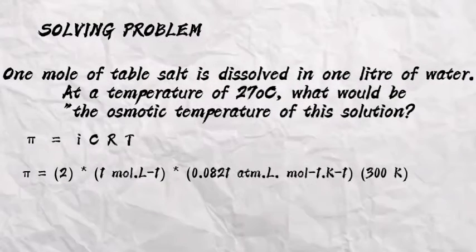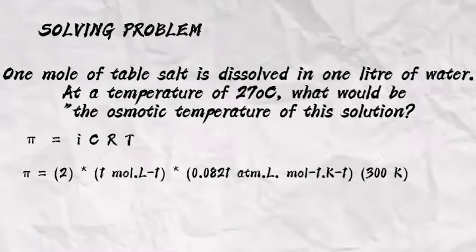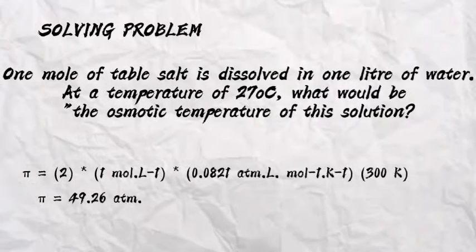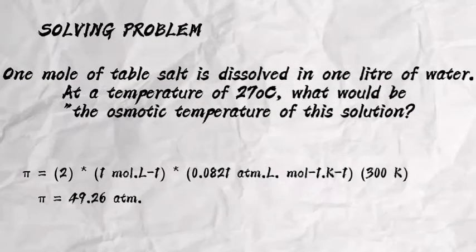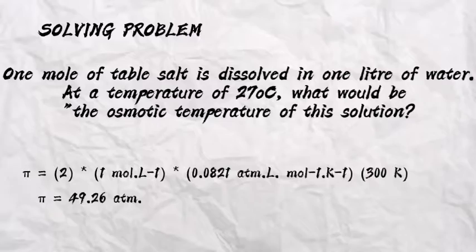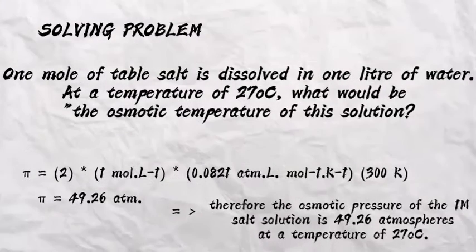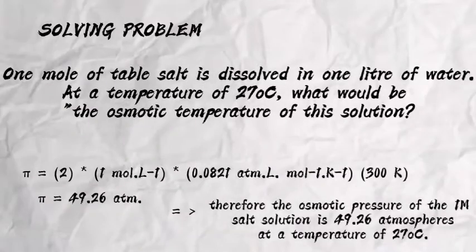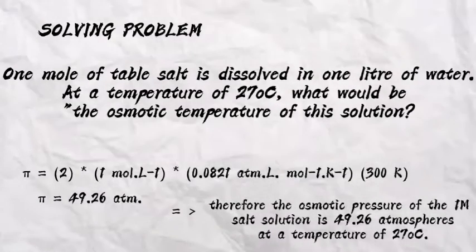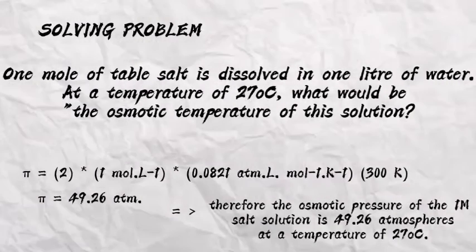When we calculate this, we get the result pi is equal to 49.26 atmosphere. Therefore, the osmotic pressure of the 1 molarity salt solution is 49.29 atmosphere at a temperature of 27 degrees Celsius.